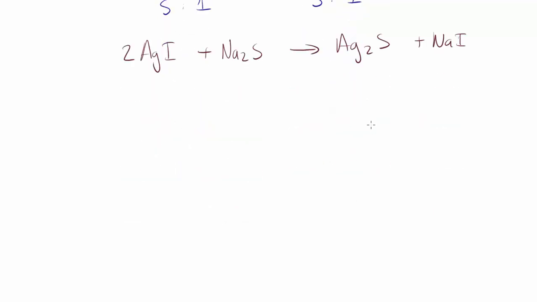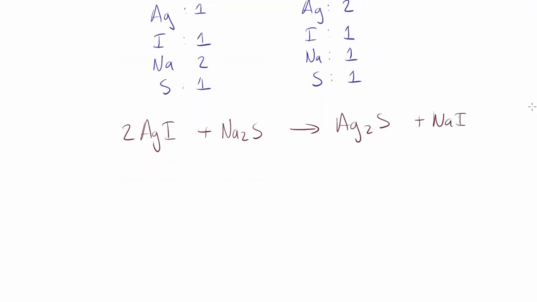If we now audit the new equation, what we should be aware of is that because we didn't modify anything on the right hand side, the tally is going to be the same as what it previously was.